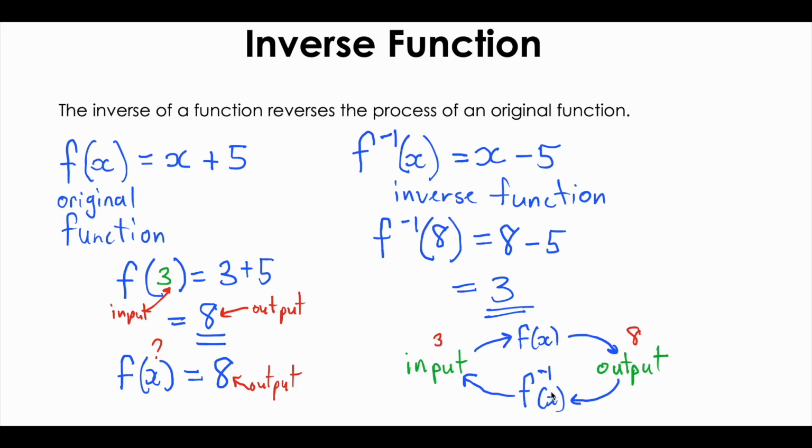So we took 8, put it in here, and we got back 3. So in essence, this inverse here reverses the process of what this function did. So that's why we can get back the original value when we use the inverse function.